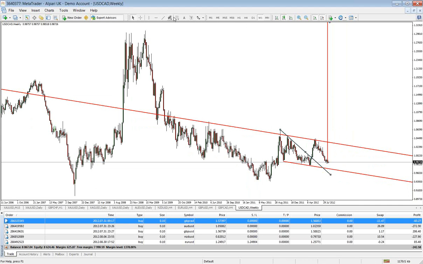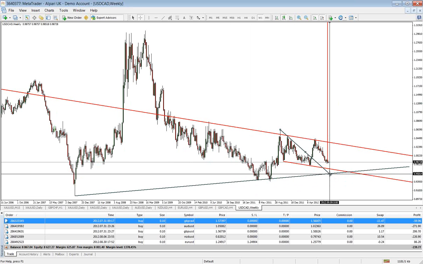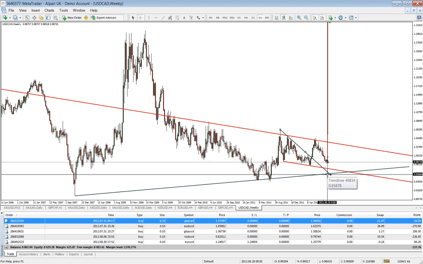The dollar doesn't look good, but of course this is a bit premature to say, but I don't see any future for the dollar compared to the Canadian dollar currently. So the first target here would be just a simple trend line that we have, which is the 55, 56 area. So that's 270 pips probably, at least, that we should be going for the Canadian dollar.